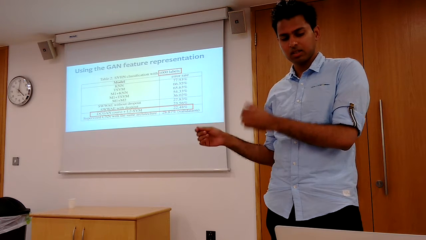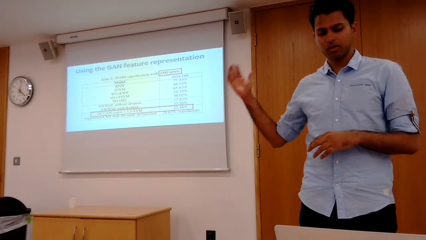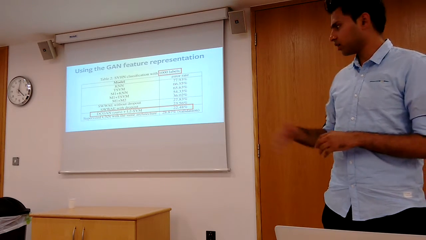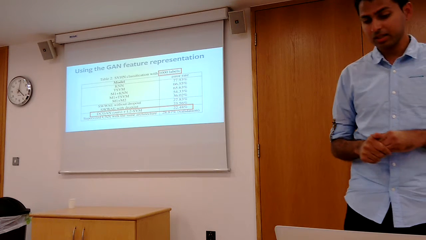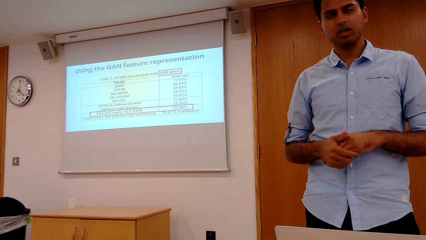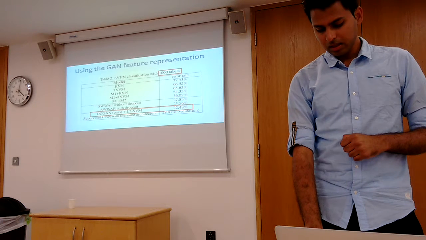Then we checked the error on the validation set of this data set, and it got 22% error rate, which seemed pretty good at that time. I will show you some more semi-supervised results from other papers in a second.